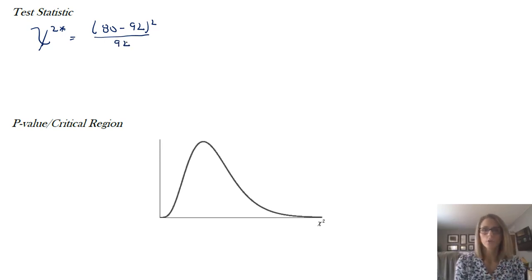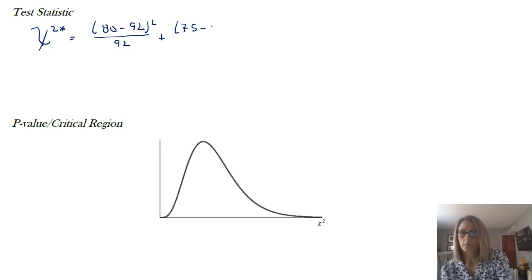But that's just the first one. You have to do one for each category. So that's for blue. And then you would do for orange, observed minus expected squared divided by expected. Okay, so you're welcome to pause and come up with the other 4 of these on your own.